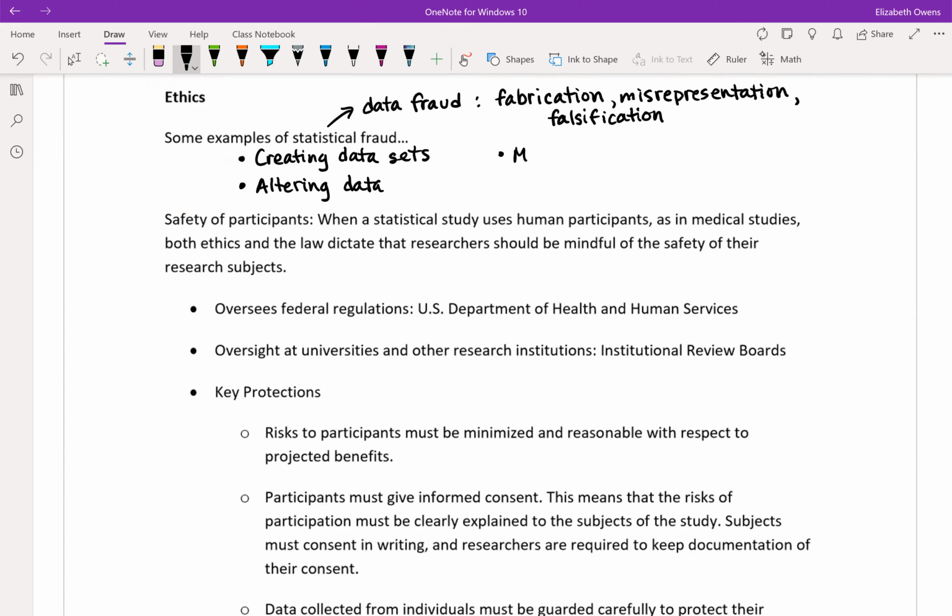You could do things like misrepresent how many subjects you're looking at. We discussed briefly how sample size can affect the reliability of results. Larger sample sizes are better than smaller ones. So if someone does a study on a small number of subjects and says, oh, this was on a big group, that would be a case of fraud.